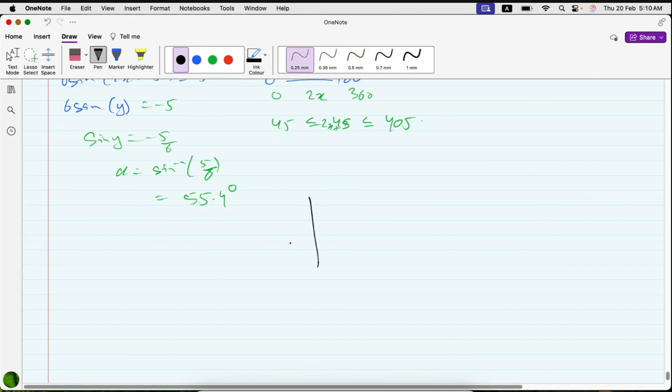Now when we're working for y, we know that this was negative. So sine is negative in these two. So my first angle needs to be 180 plus 55.4. 180 plus 55.4 is giving me 235.4.